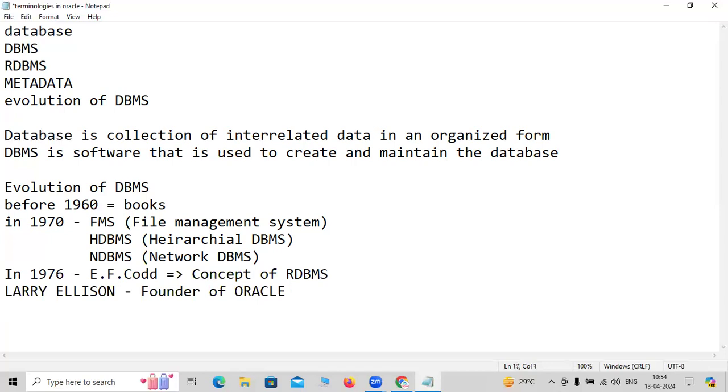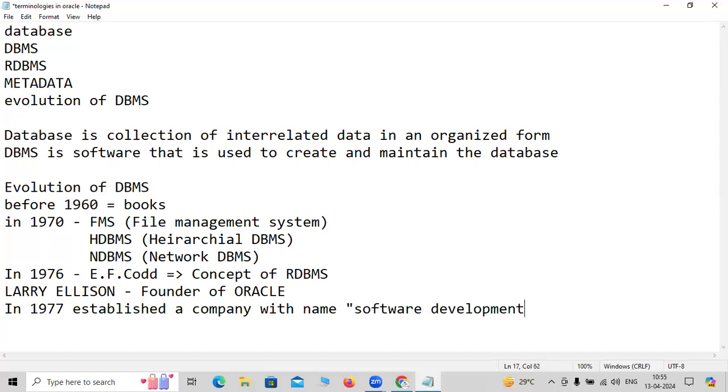So in 1977, this Larry Ellison established a company with the name Software Development Laboratories. The first RDBMS software came in 1979.